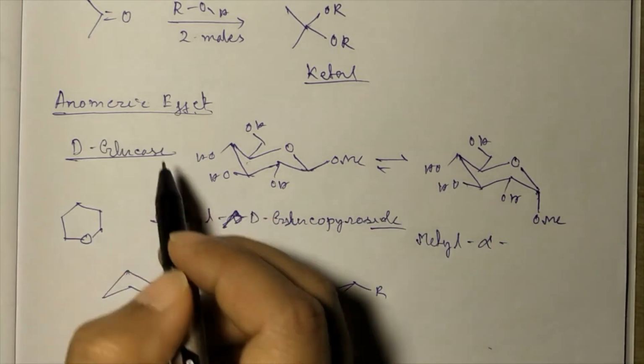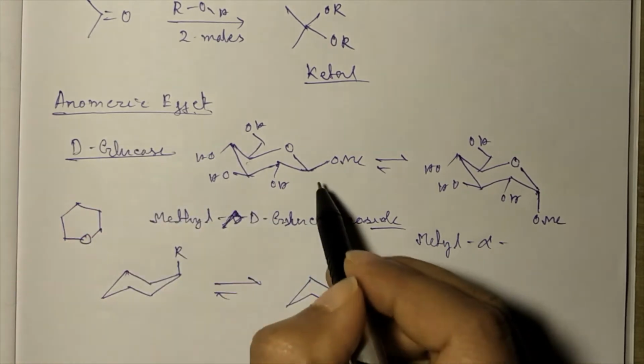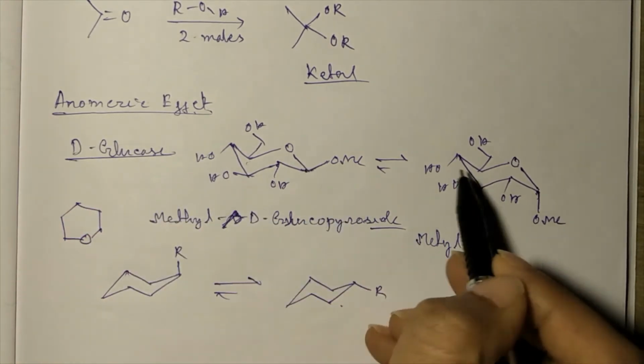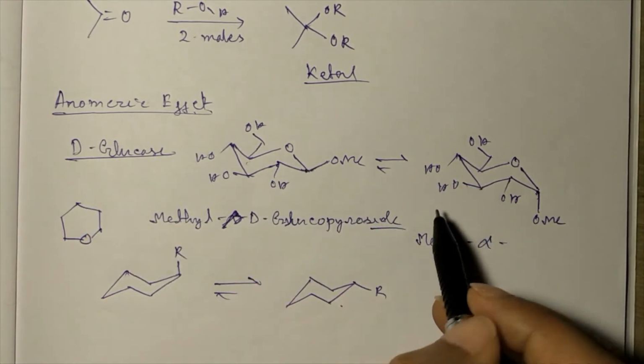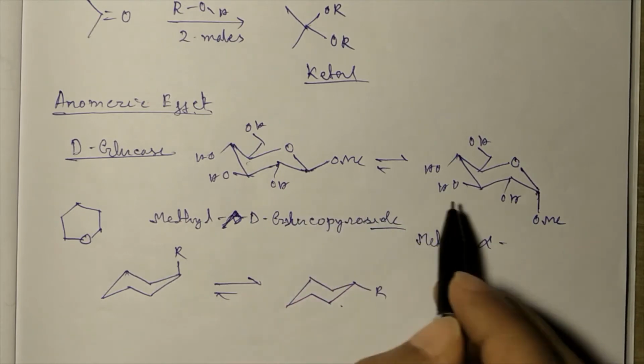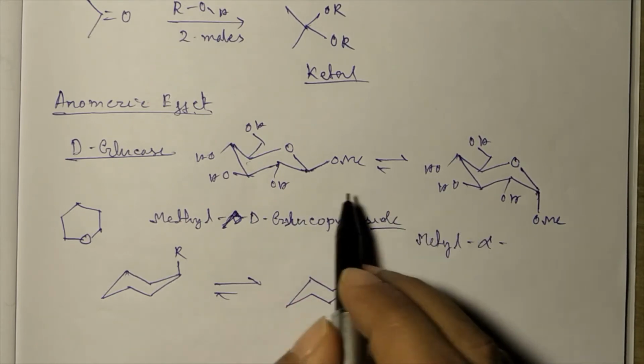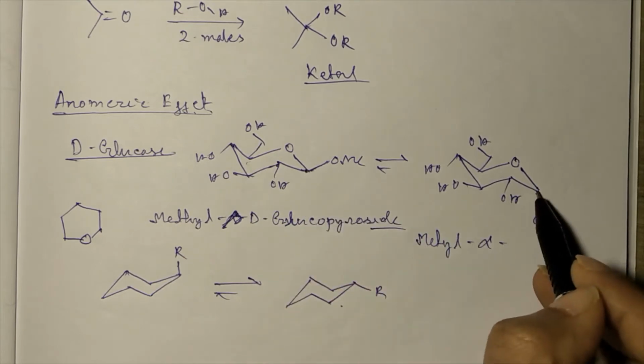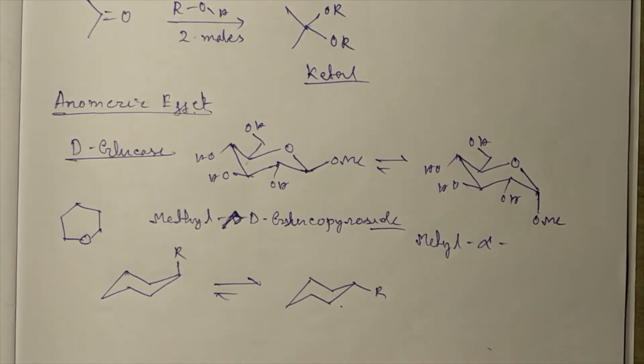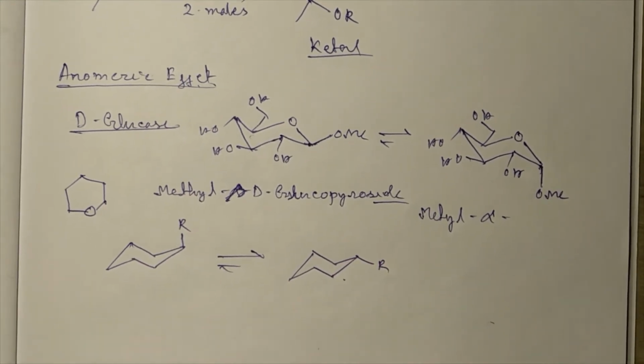This is called the anomeric effect. Why anomeric effect? Because these two are mutually anomers, and this effect was first observed in glucose. This is the cause of this anomeric effect.